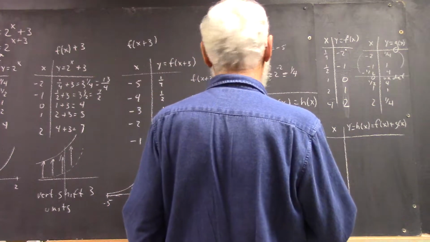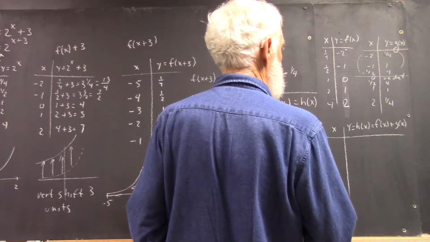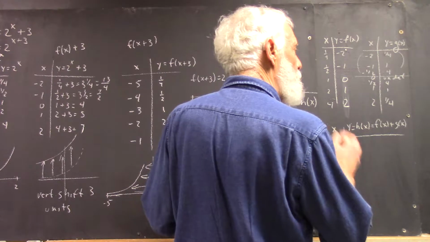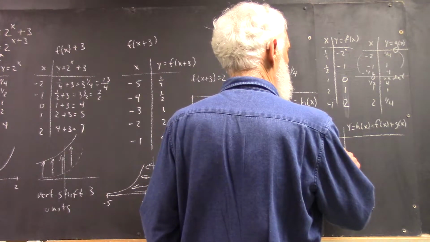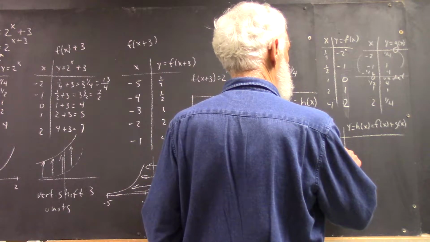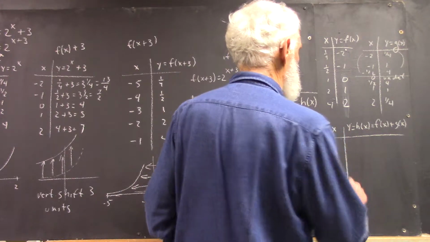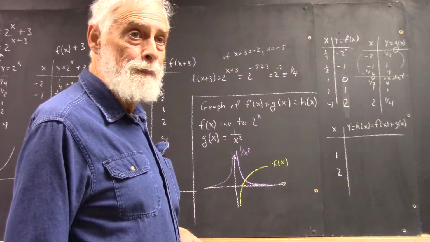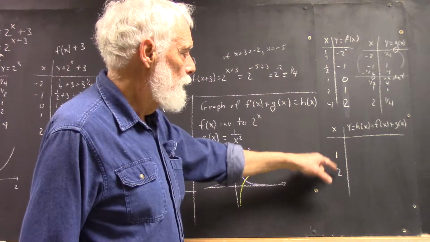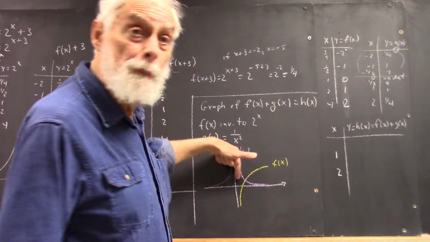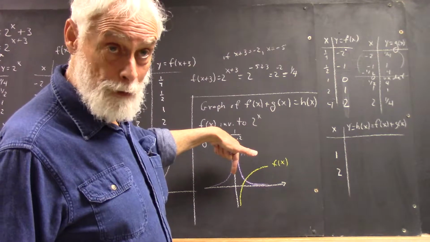So the values that we have here, where we actually have common values of the function, are just where x equals 1 and where x equals 2. Okay, yeah, 1 and 2.